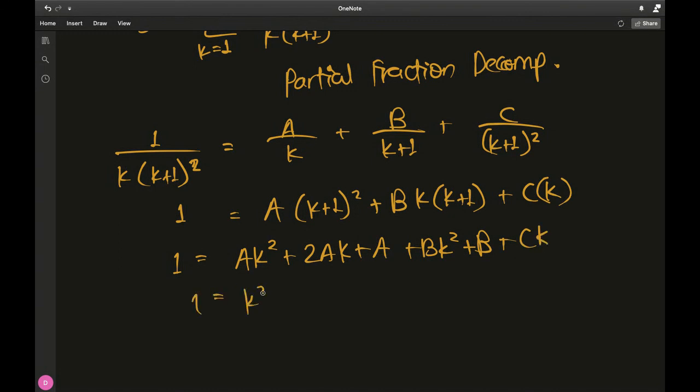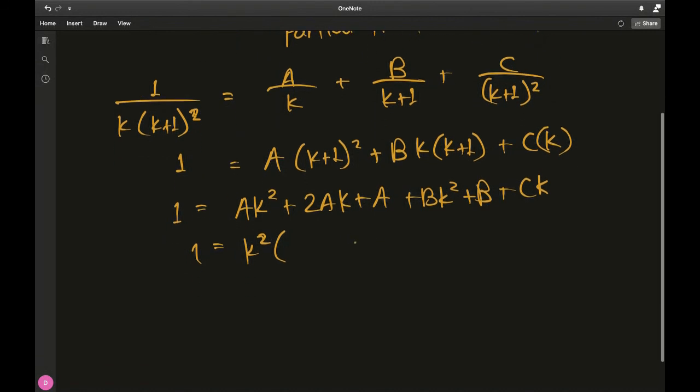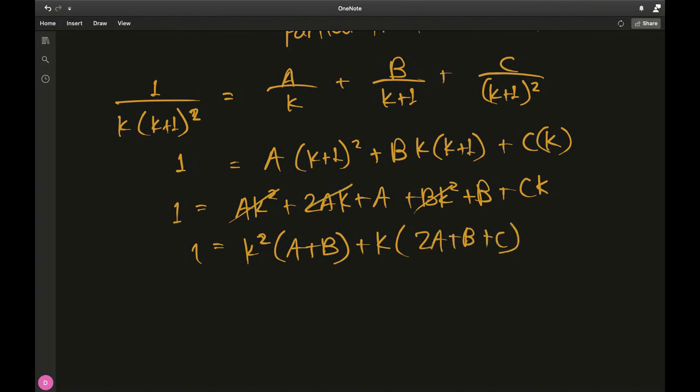So gathering terms which have basically the same polynomial parts, A plus B come under k squared. Then with k come these terms of 2A plus B plus C.